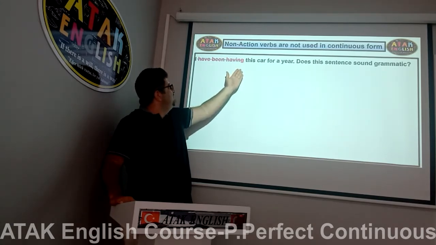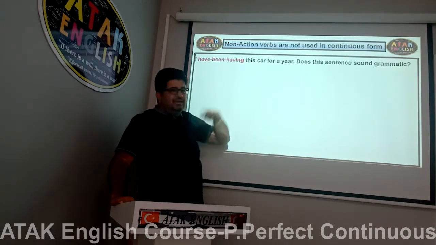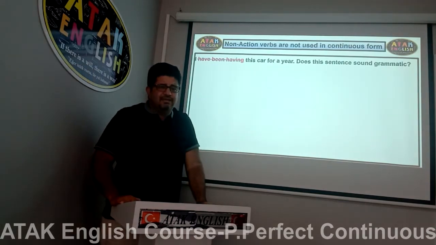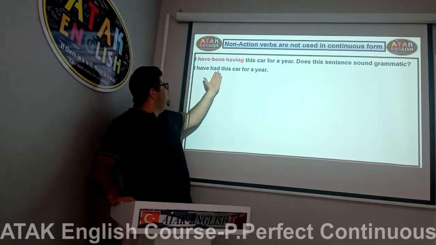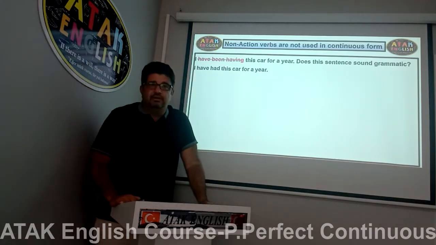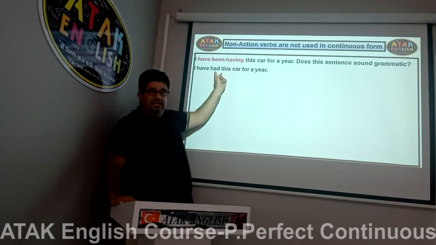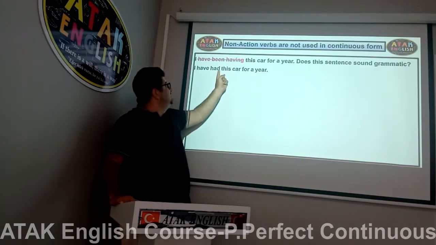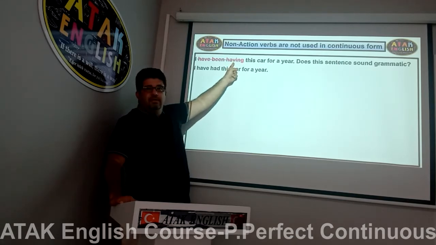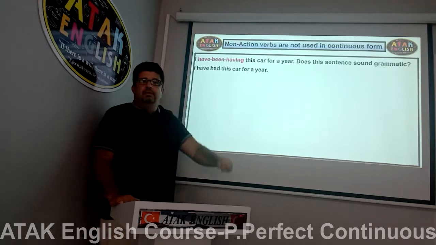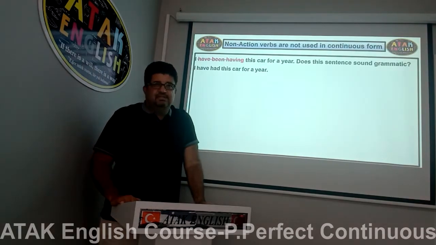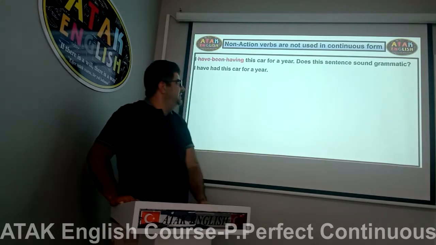I've been having this car for a year is not right, it's not grammatical. So, I gotta say, I have had this car for a year. As you can see, the verb have is not in continuous form, as in here. That's why I used it in present perfect tense instead of present perfect continuous tense.